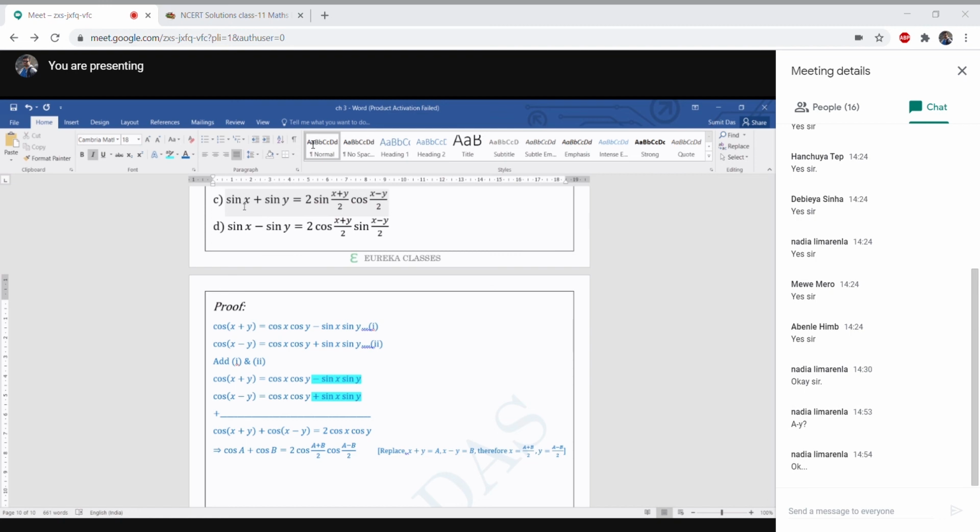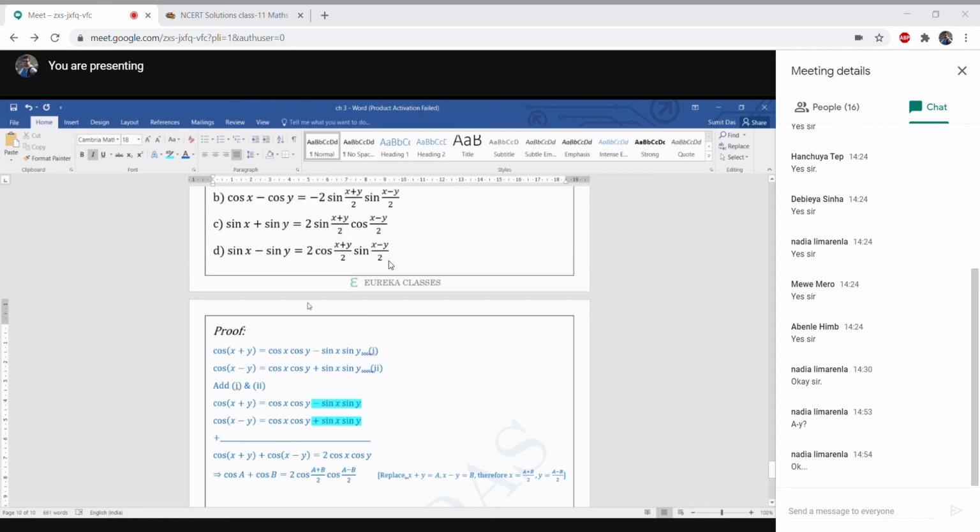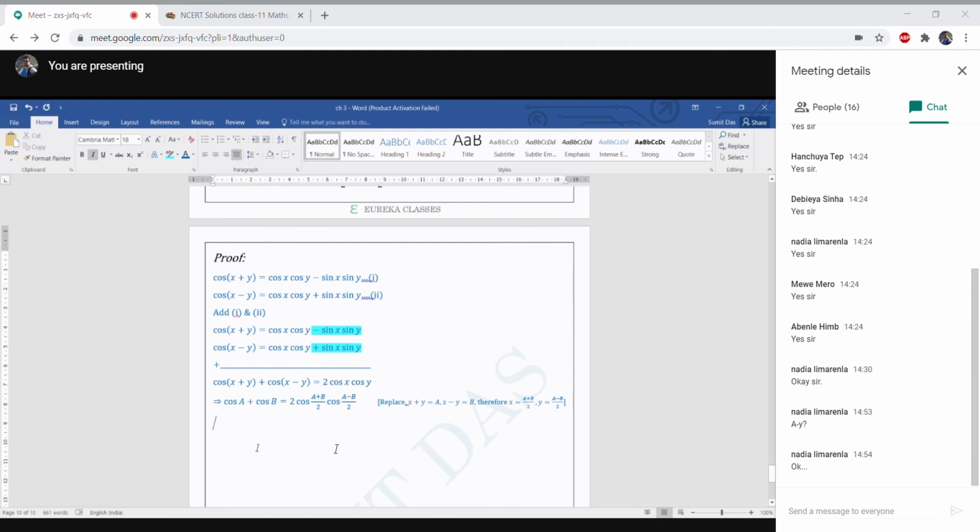Okay, so next formula, this is also part of a formula. This will be our last set of formulae. Any doubt regarding this formula?